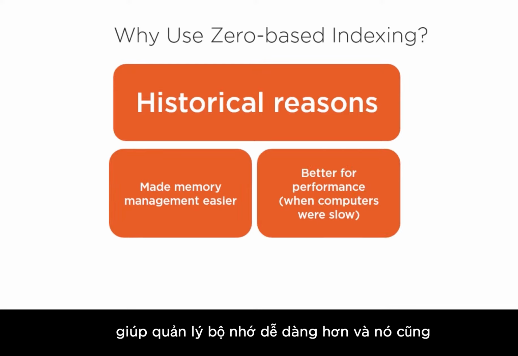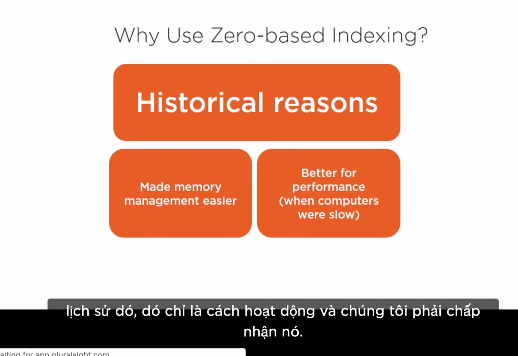And it also made collections work a bit quicker at a time when computers were slow, and you really did need to worry about optimizing all your code for speed and so on. And now, because of that history, that's just how it works, and we have to accept it.